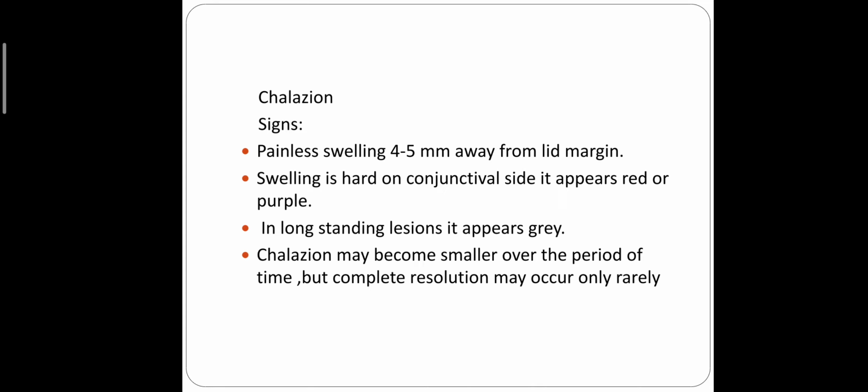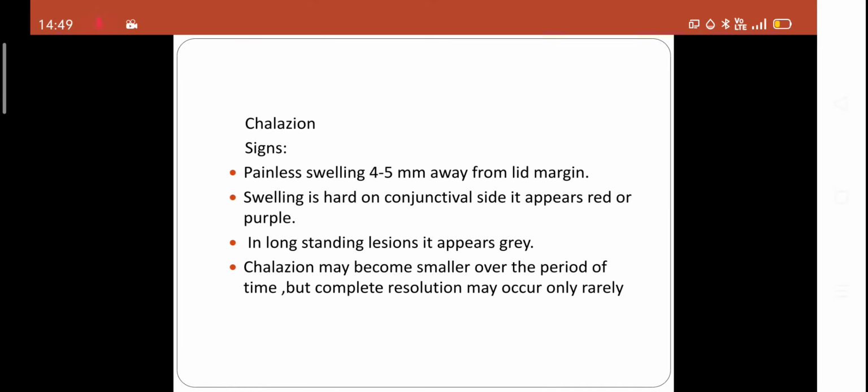And what are the signs? So usually they present as non-suppurative inflammation of the meibomian gland. Because of the location, they are located 4 to 5 millimeters away from the lid margin. Similar to internal hordeolum, there is something called marginal chalazion also, which is located at the eyelid margin.